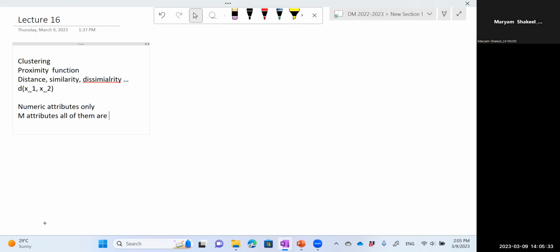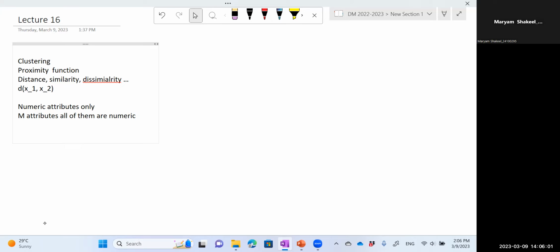Each object, each observation, each example is described by m attributes. All of them are numeric, meaning that the vector x that I wrote above is a vector of size m. And each of those elements in the vector is a scalar real number. Okay?